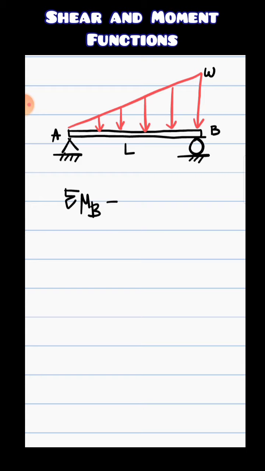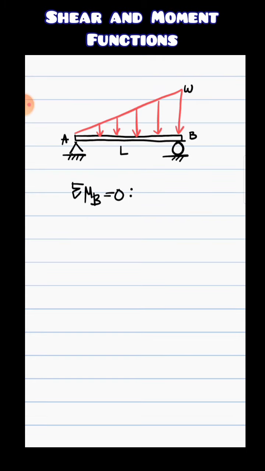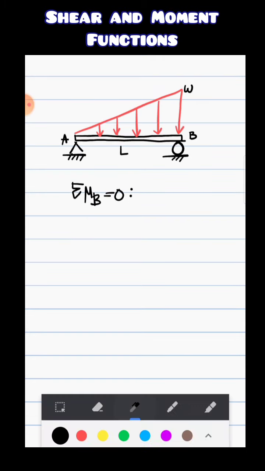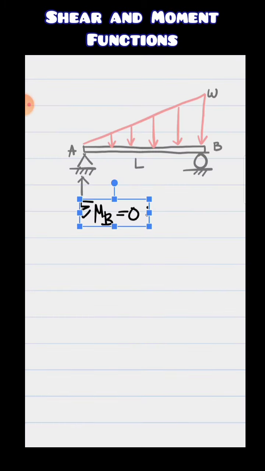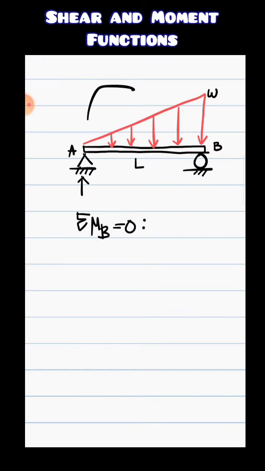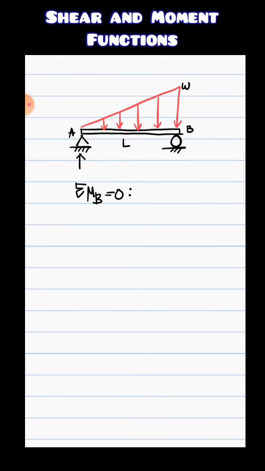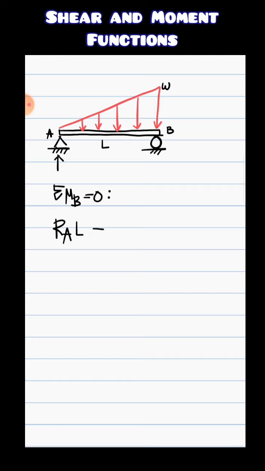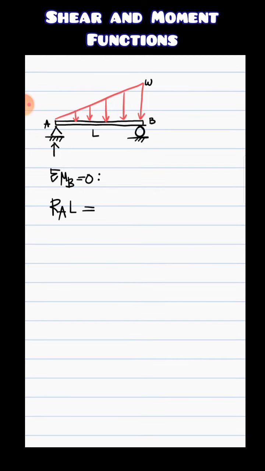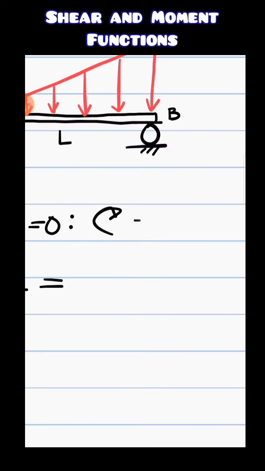The sum of moments at B, which is equal to 0, is basically this reaction, which causes a clockwise rotation about B. So that's going to be RA times L. Let's equate it directly to the load that causes counterclockwise rotation.